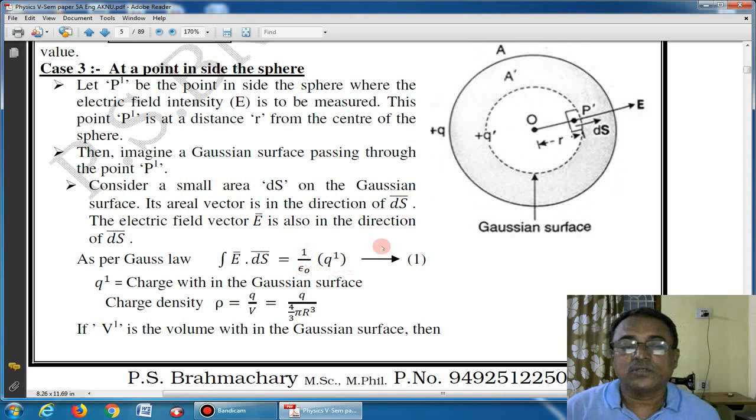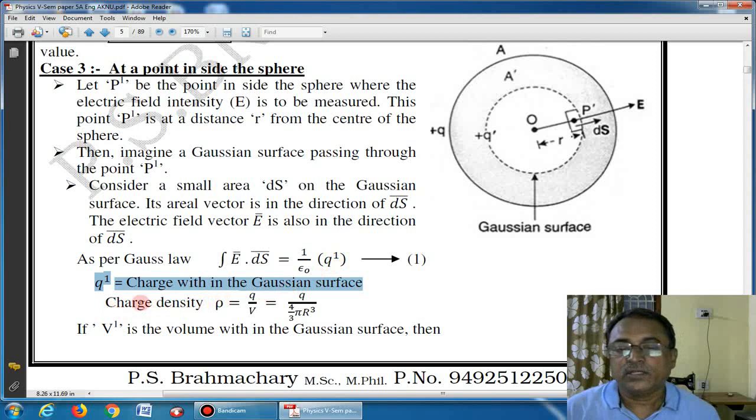Here the closed surface is the Gaussian surface. So within the Gaussian surface, q dash is the charge, not plus Q. So q dash is the charge within the Gaussian surface. Here we have to measure this q dash value.